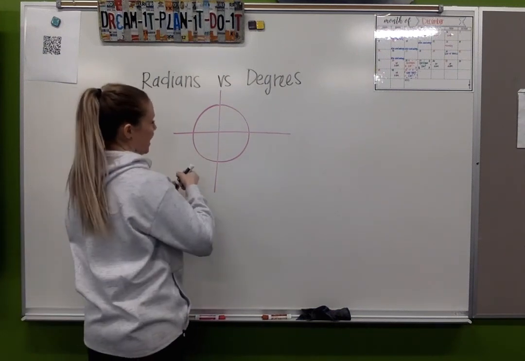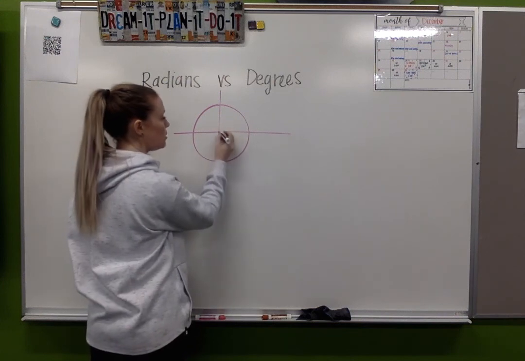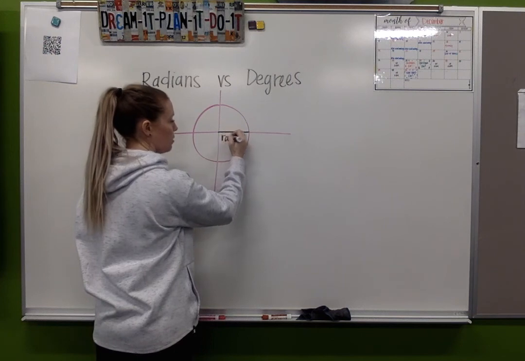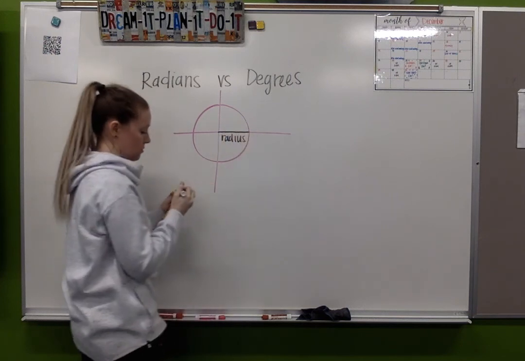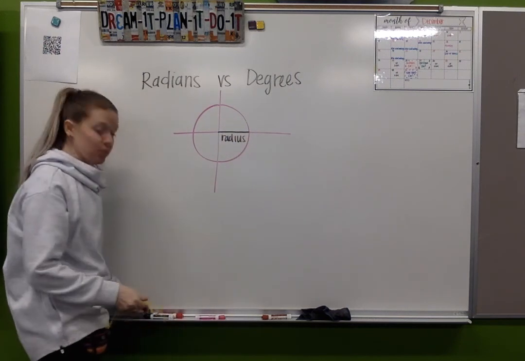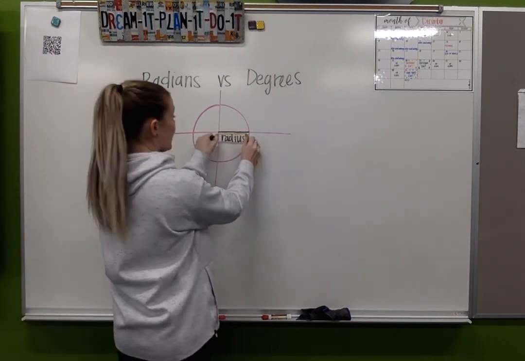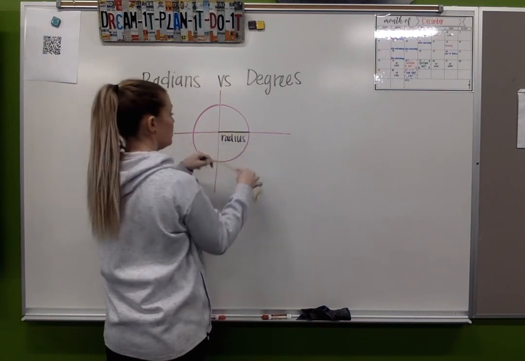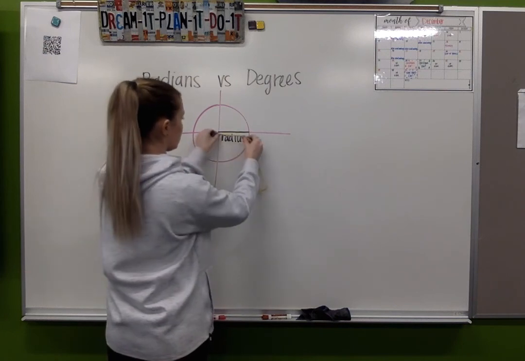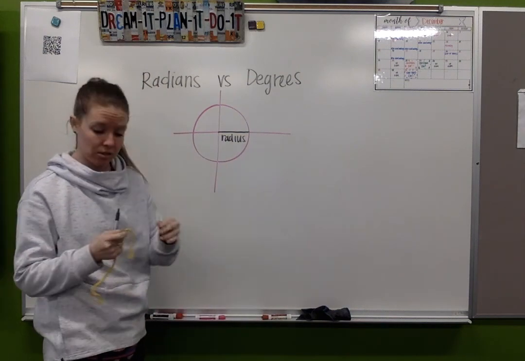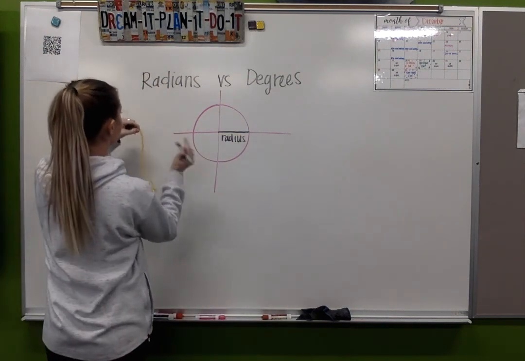We know that from the center of the circle to an outer point, we create a radius. Well, to measure radians, we can look at the radius of a circle. So I'm going to measure from this point to this point, and I'm going to put a mark on this string to keep track.